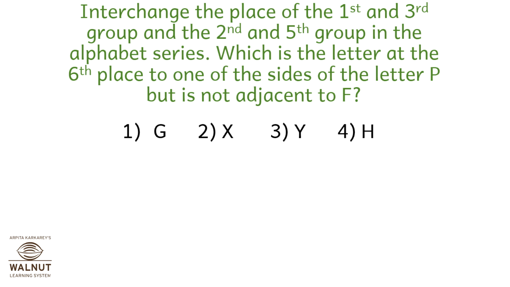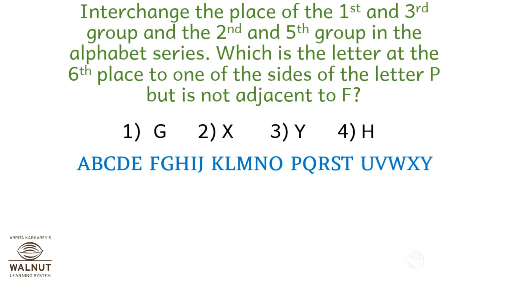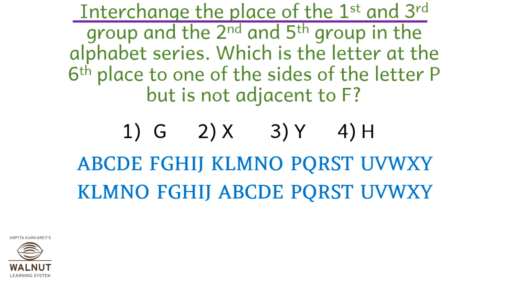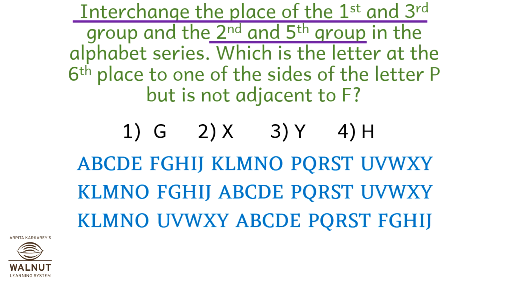Interchange the place of the first and the third group and the second and the fifth group in the alphabet series. Which is the letter at the sixth place to one of the sides of the letter P but is not adjacent to F? This is the given series. So let's interchange the place of the first and the third group first. We get this series. And then let's exchange the second and the fifth group, and we get this series.